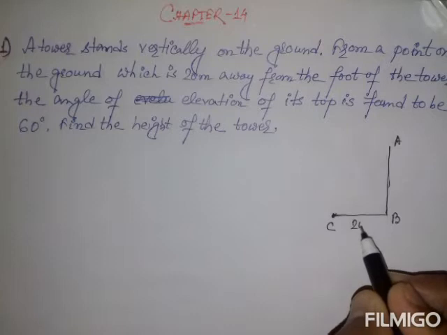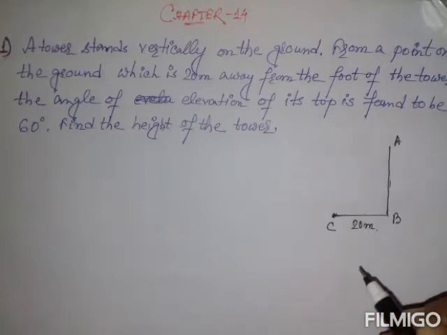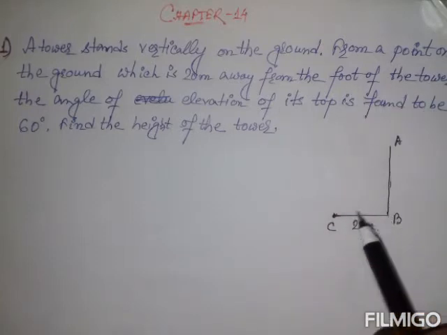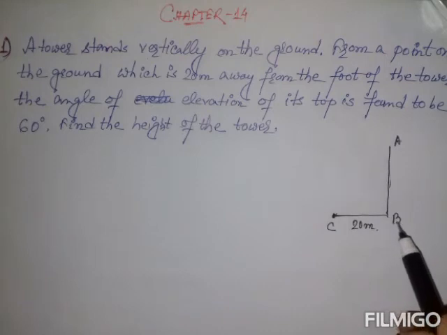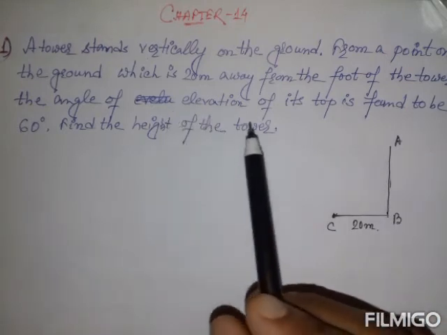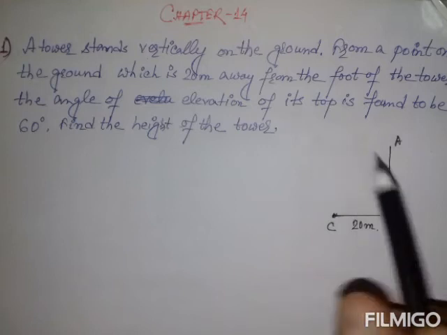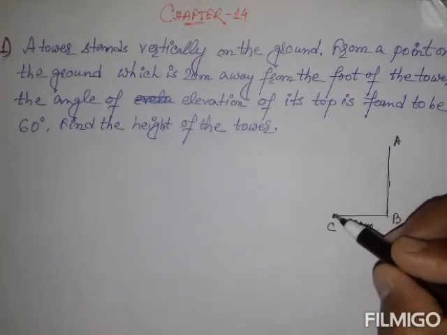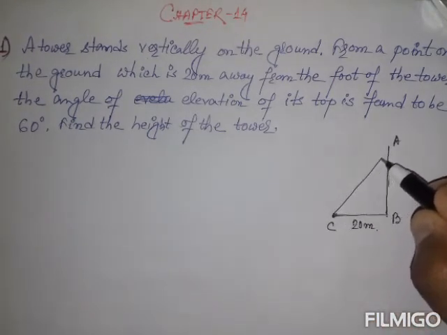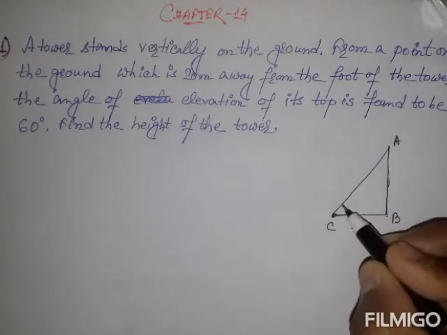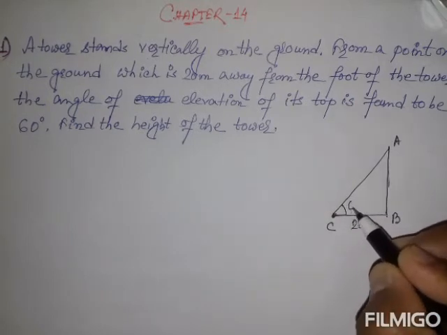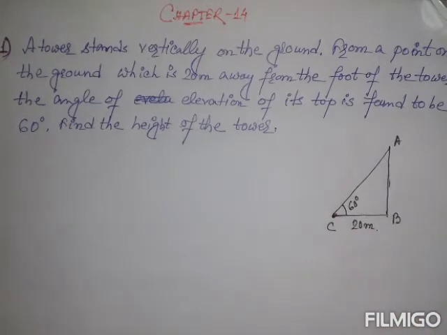CB is equal to 20 meters away from the foot of the tower. Foot of the tower is B. Now the angle of elevation of its top is found to be 60 degree. So this is the angle which is 60 degree. Now we have to find the height, means AB.